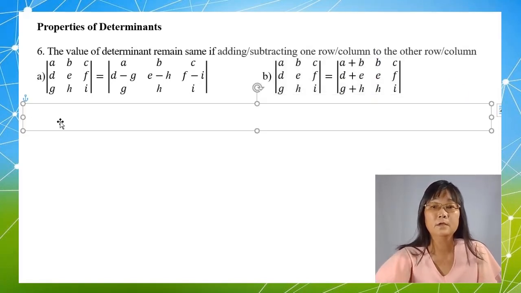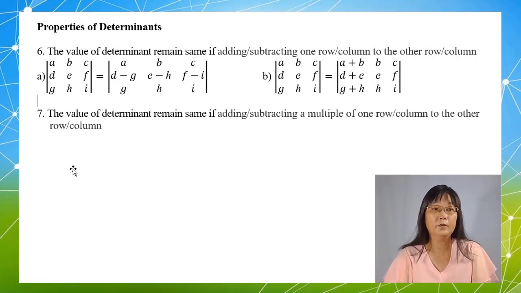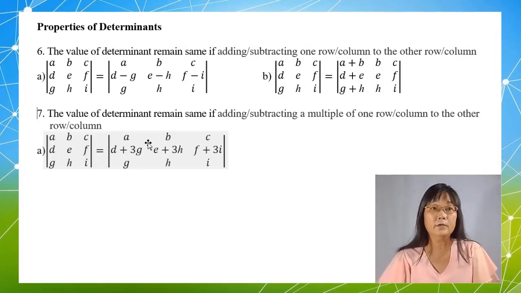Now we go to property number 7. The value of the determinant remains the same if we add or subtract a multiple of one row or column to or from the other row or column. Now let's look at this example.